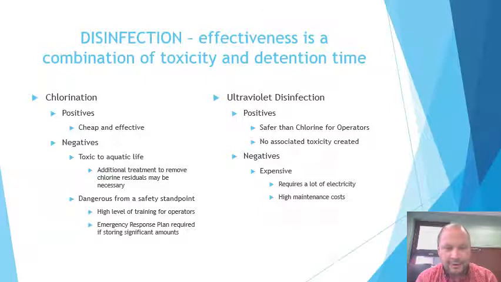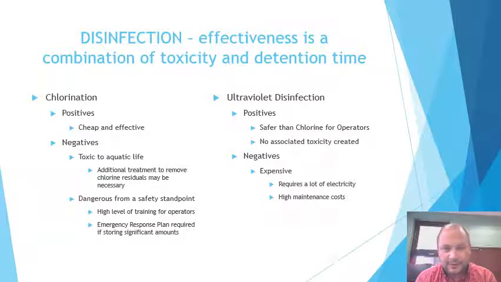At least we did when we had chlorine here, just to protect aquatic life by the wastewater plant outfall. UV disinfection positives are that it's much safer than chlorine. There is no associated toxicity for aquatic organisms.